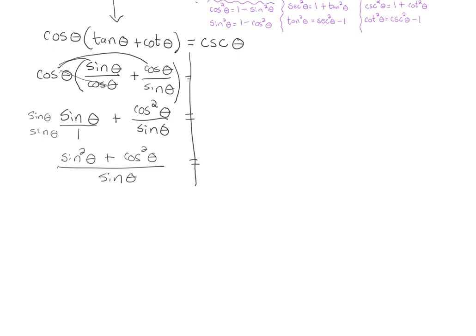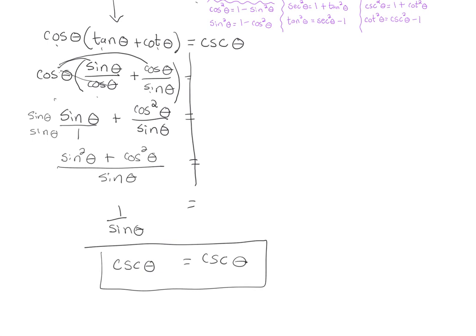And sine squared plus cosine squared, that's the Pythagorean identity. That is 1. So I have 1 over sine theta. Well, what is 1 over sine theta? It equals cosecant, which is what I wanted it to equal. So by manipulating and changing these trig identities, you can prove that this statement is true.